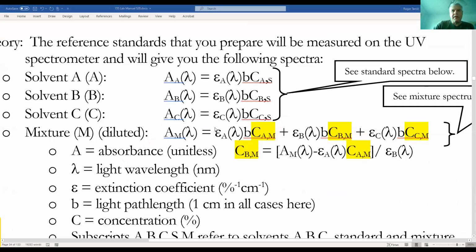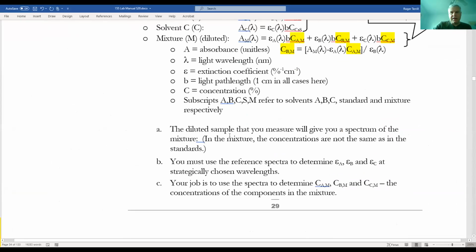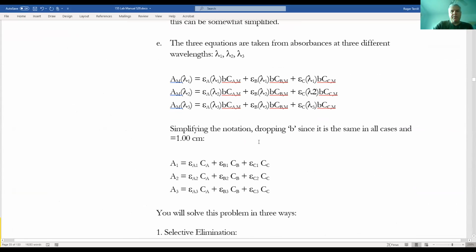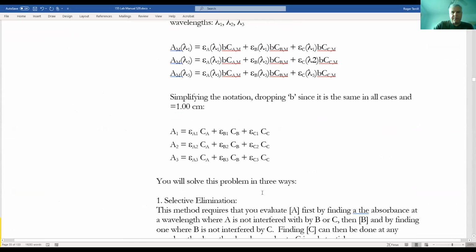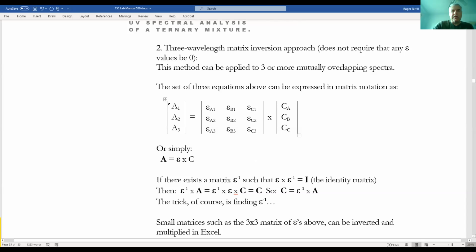No, it would not surprise me at all, Dr. Taro. So there's a couple tools we can use, right? We can choose three wavelengths, and we can do what we just did, or we can solve it using matrix math.